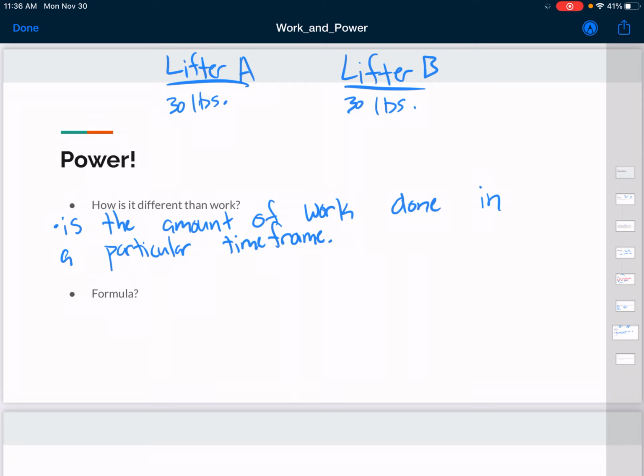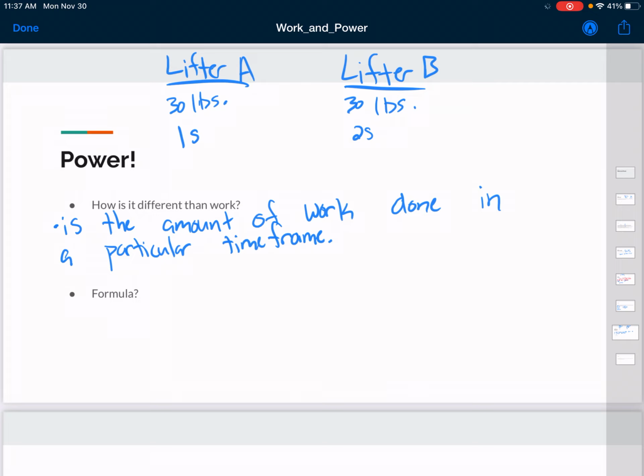Lifter A does this in 1 second, while lifter B does this in 2 seconds. Who did more work? Well, since they are lifting the same amount of weight, or the same force is resisting them, they are doing the same amount of work.